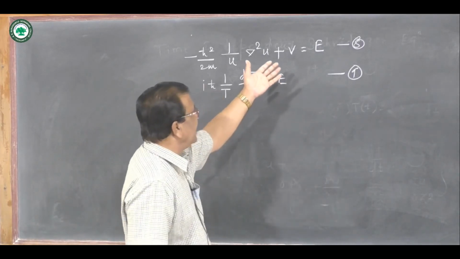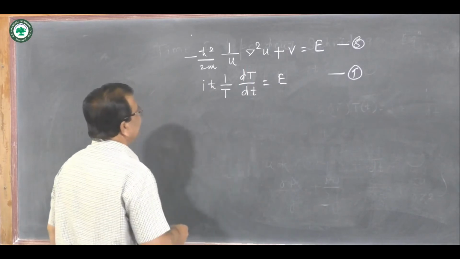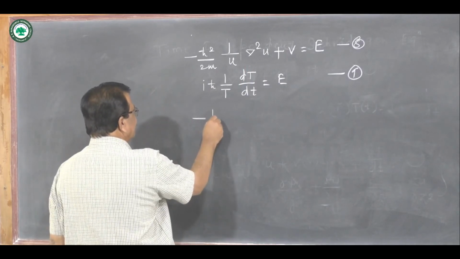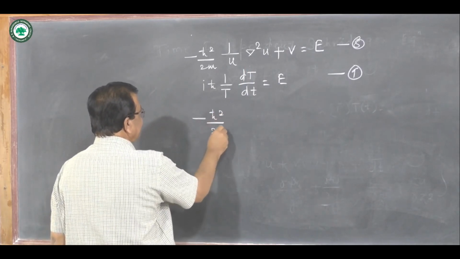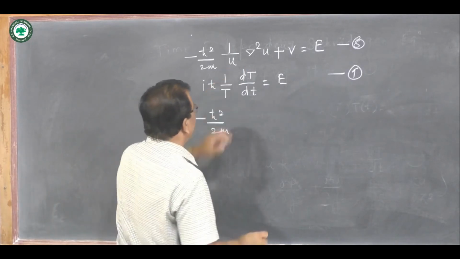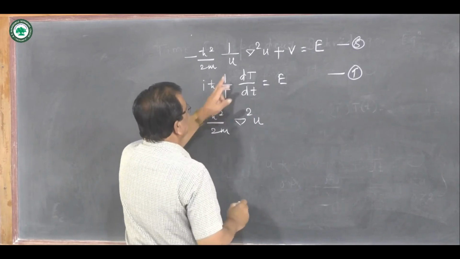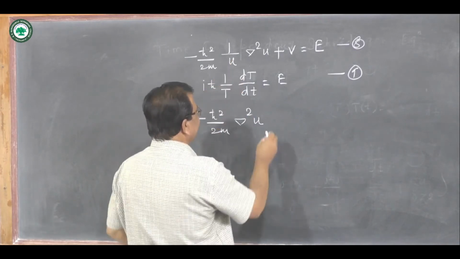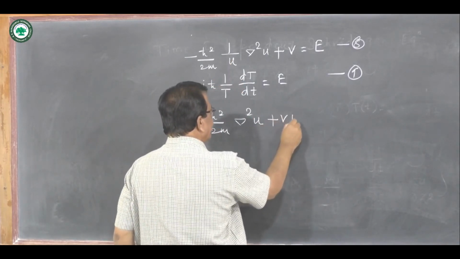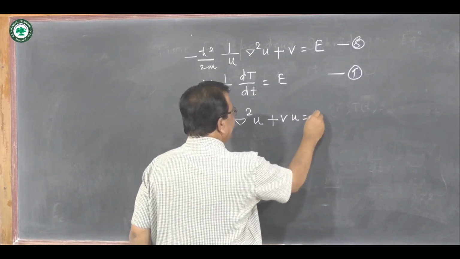Minus ħ² upon 2m, multiplying throughout by u, del square u, u will get cancelled, then Vu, and then Eu.